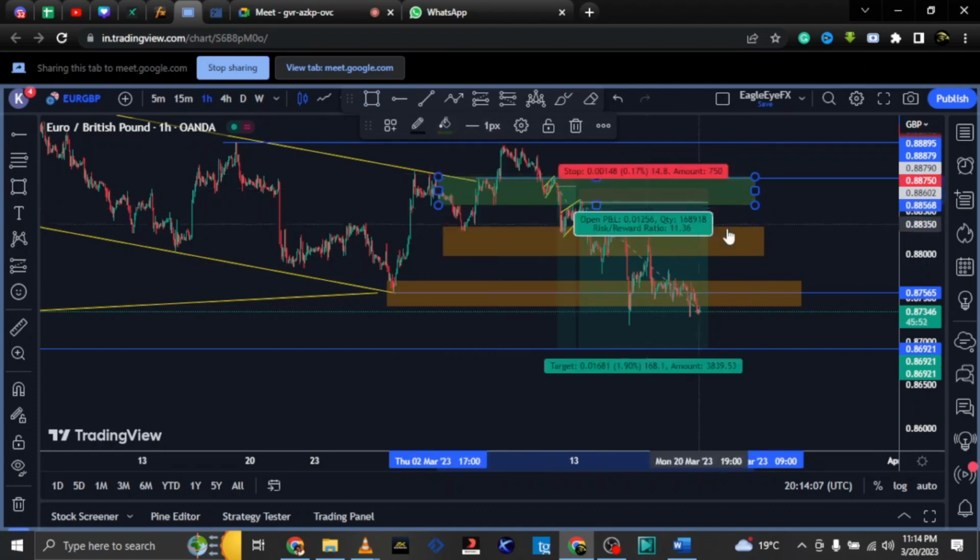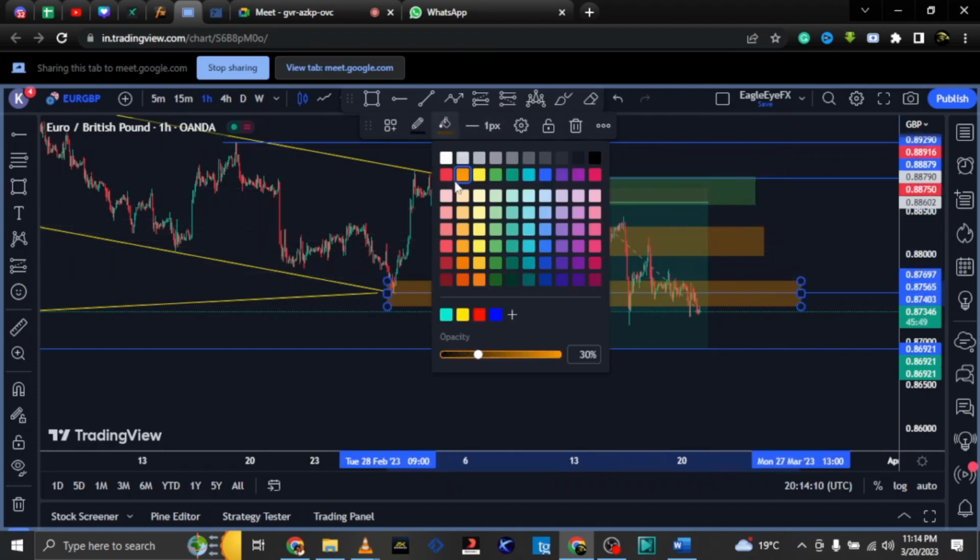So quickly let me make this green, and then I make this to be red.